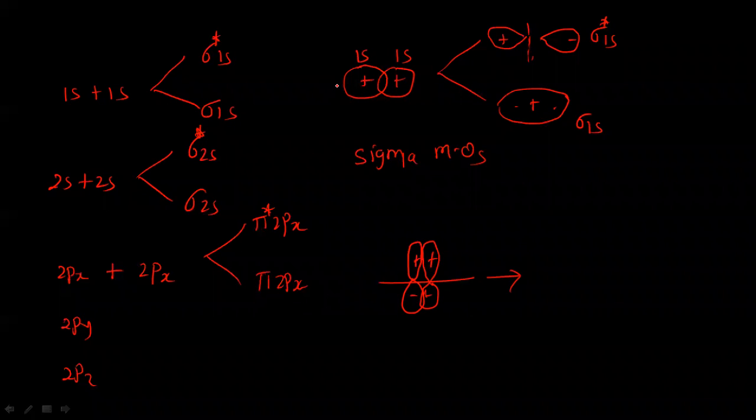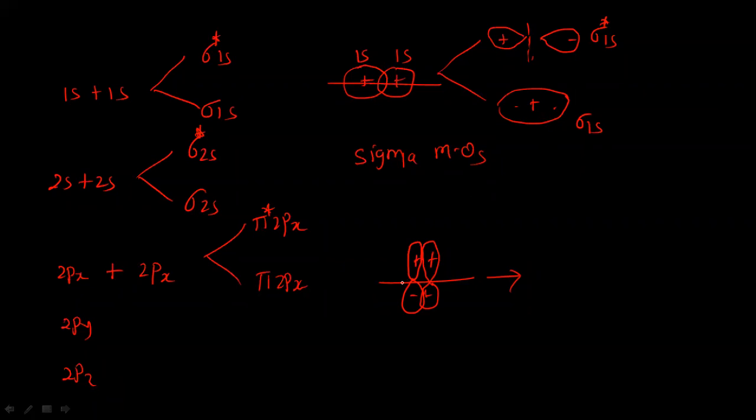You can see here, due to the overlap between 1s and 1s, the lobes of the atomic orbitals are on the line joining the nuclei, the internuclear axis. Frontal overlap, head-on overlap is there, so it will give a sigma bonding molecular orbital.